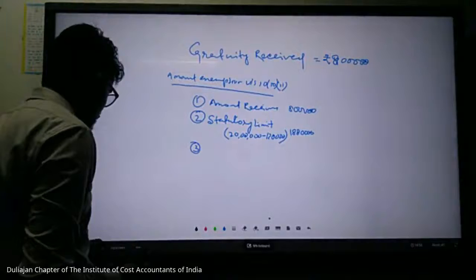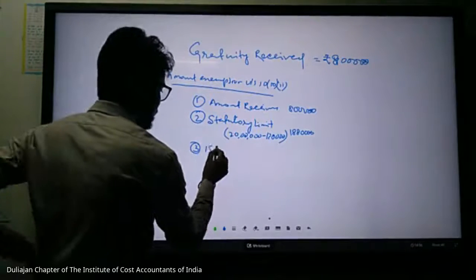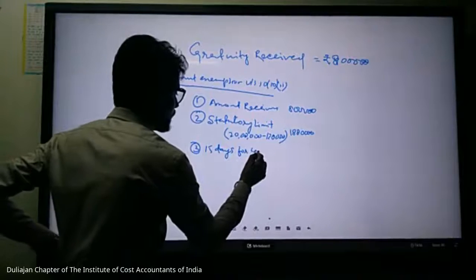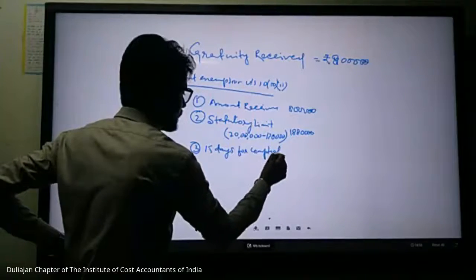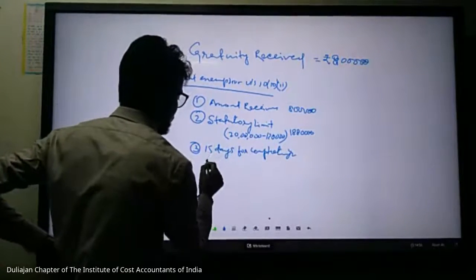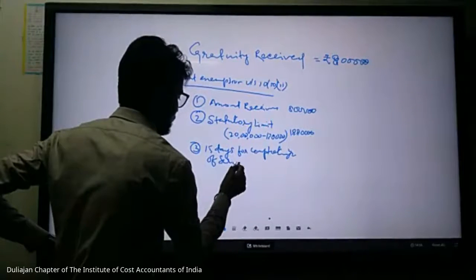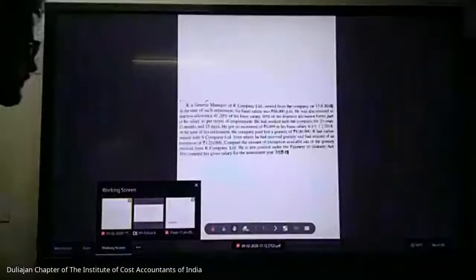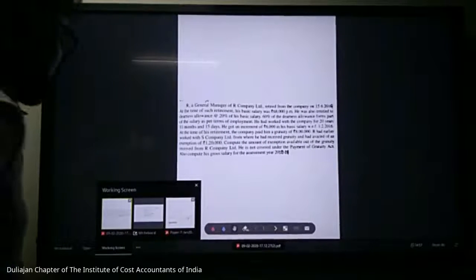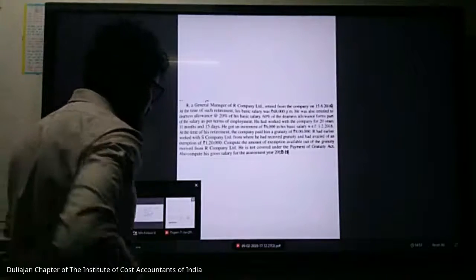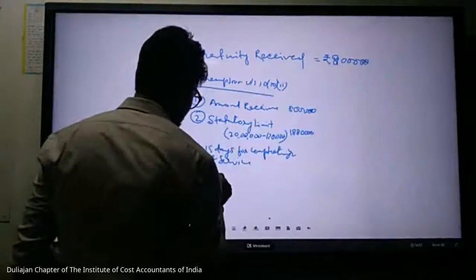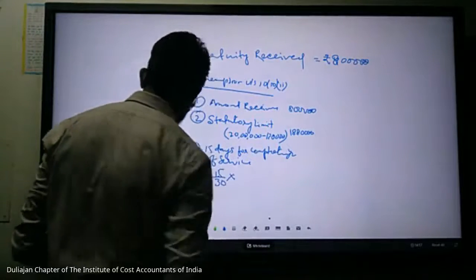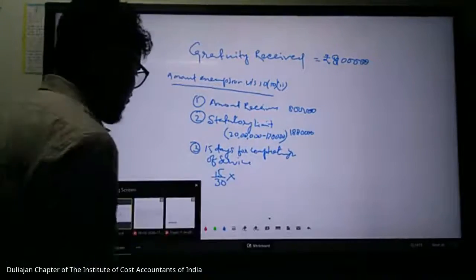So point number 3, we will calculate 15 days salary for completed years of service. Since the person is not covered under the Gratuity Act, this will be 15 by 30 into the average salary.